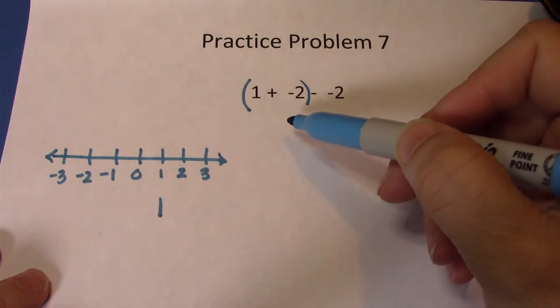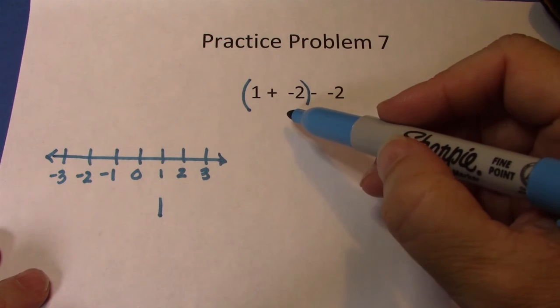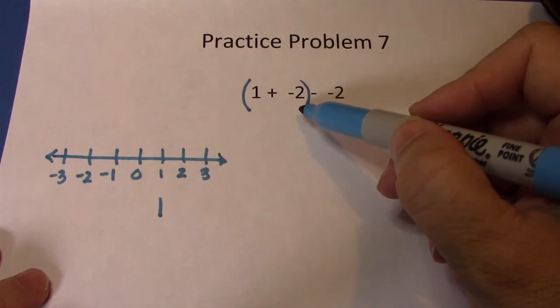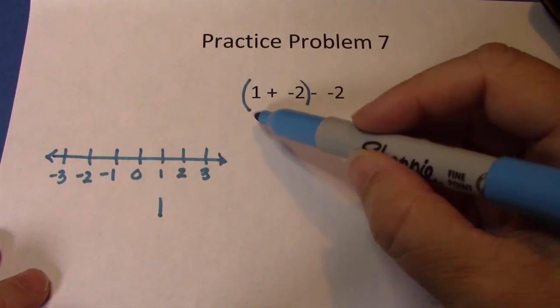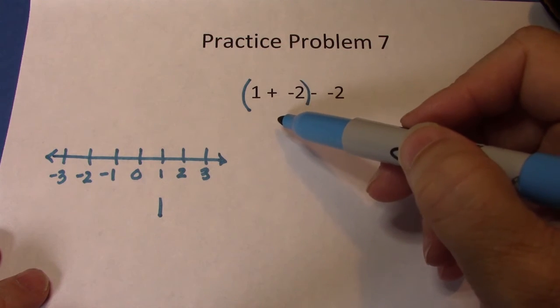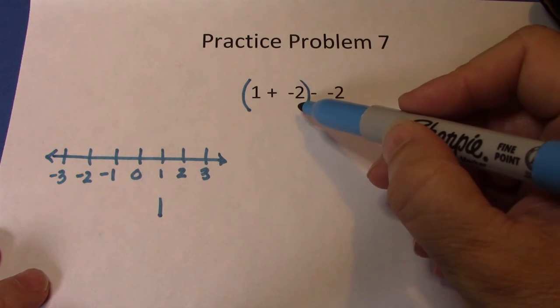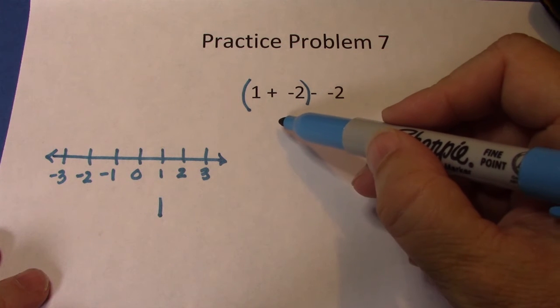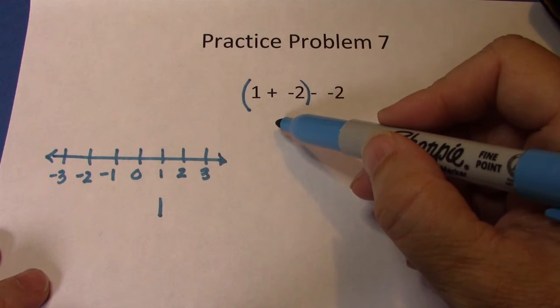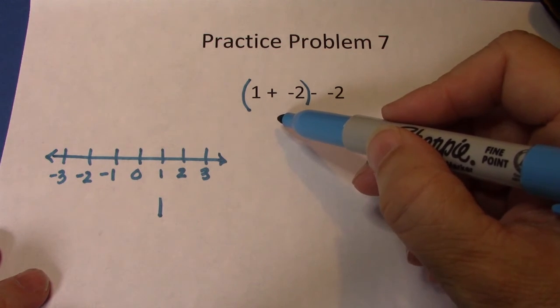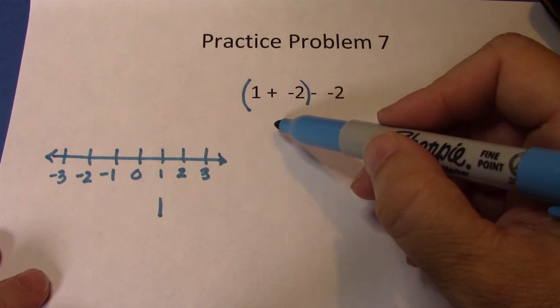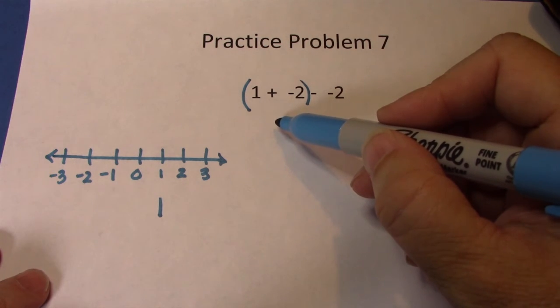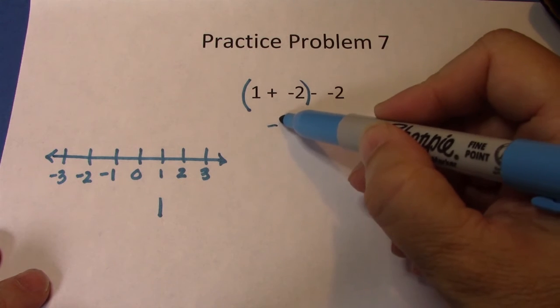So we subtract the smaller from the larger. Now even though negative 2 is less than 1, when I say smaller, I mean the smaller number ignoring the signs. So the smaller is 1. 2 minus 1 is 1, and we keep the sign of the larger number, 2. So it's negative 1.